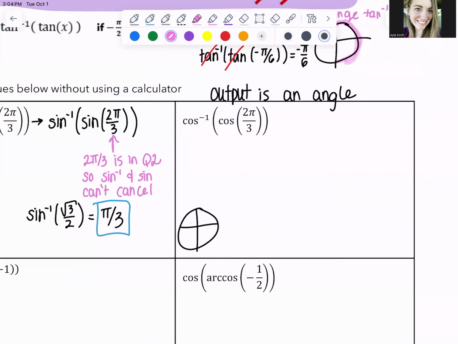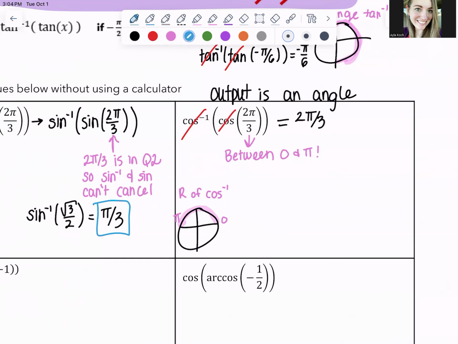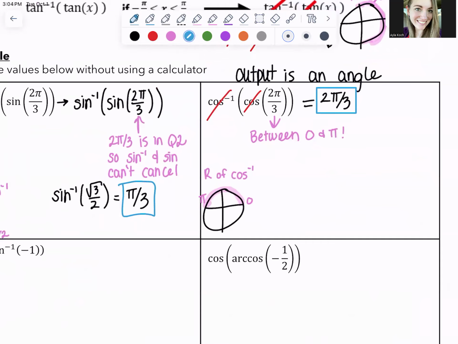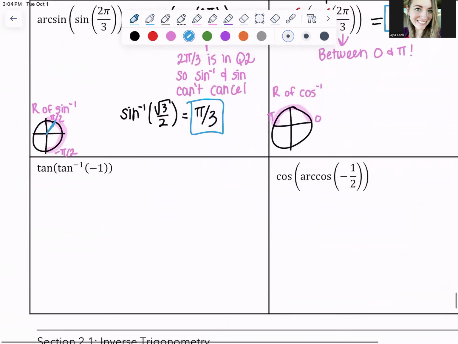The range of cosine inverse is between 0 and pi. 2 pi over 3 is between 0 and pi, so it's in the range of cosine inverse. So these things just cancel. My answer is 2 pi over 3 without doing any additional work. Wham, bam, thank you, ma'am. You're done with that one.